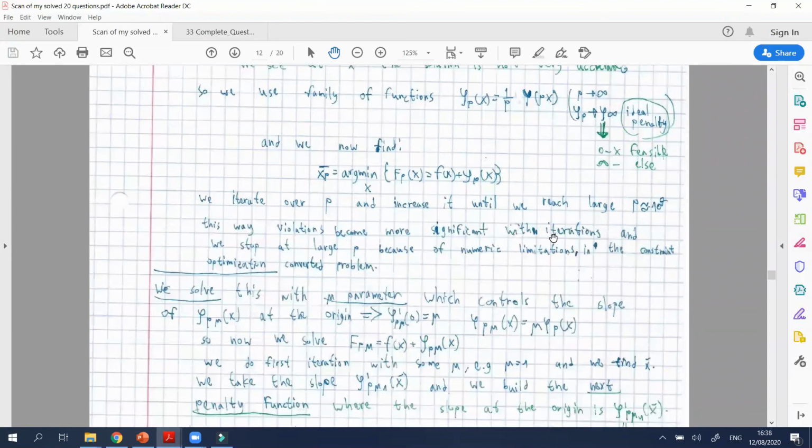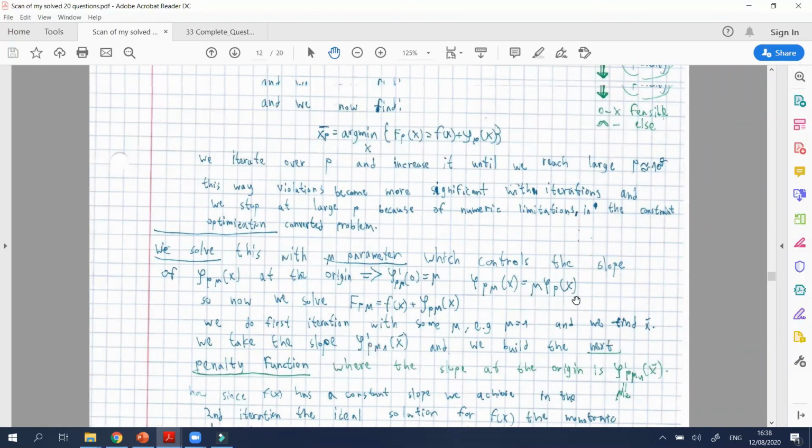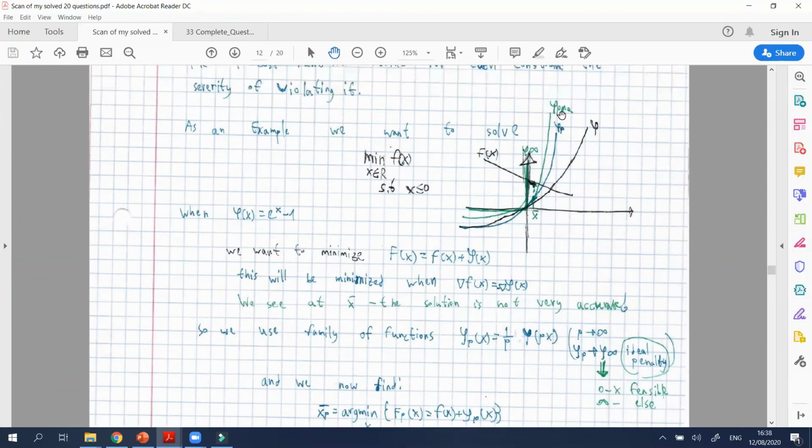But using the logic and the mathematical development we've just thought about together, we take the slope at this point, which we found, this exact slope, and we create phi p mu2 in a way that this slope would be equal to this slope, which is a constant slope for f of x.